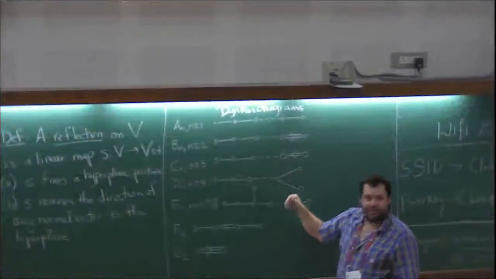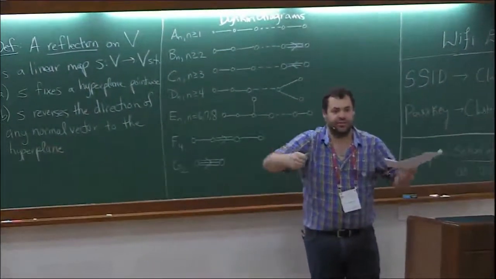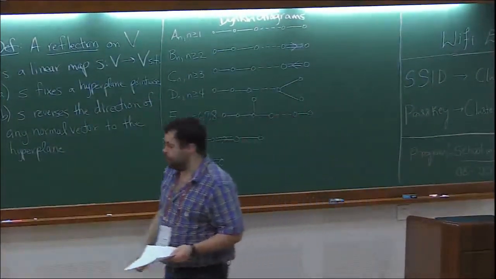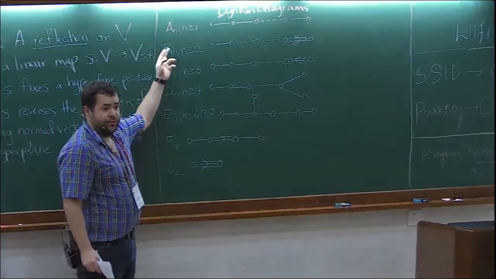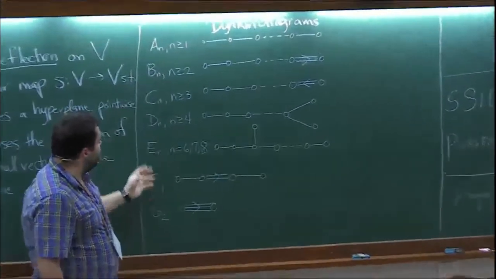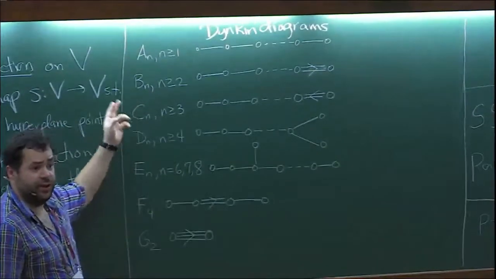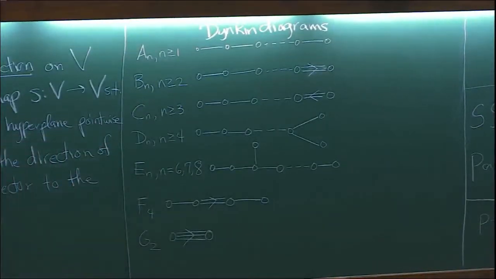The only issue is that these are oriented in different directions because I'm just changing the length of these roots. But these two give isomorphic reflection groups. All of these are different except B and C, which give isomorphic reflection groups. D only for 4 and above. Yes, I was careful.